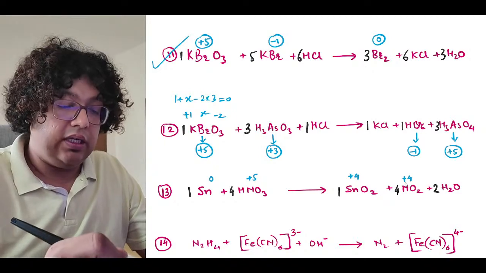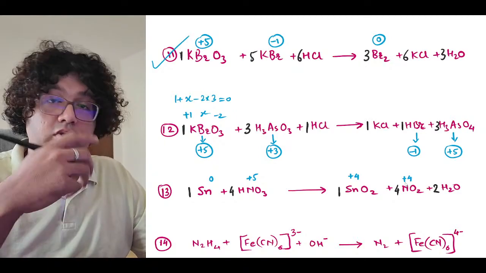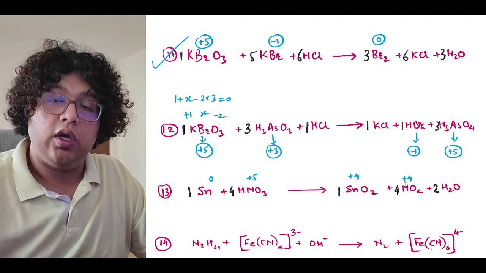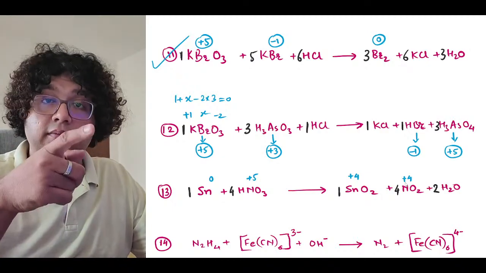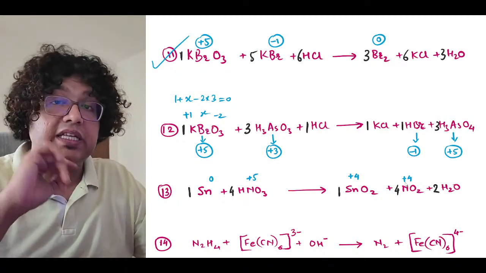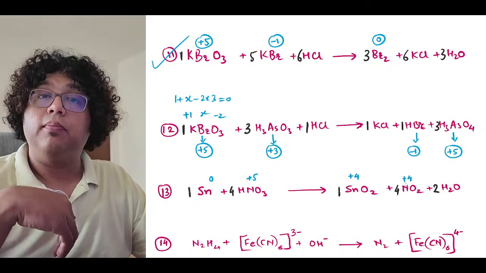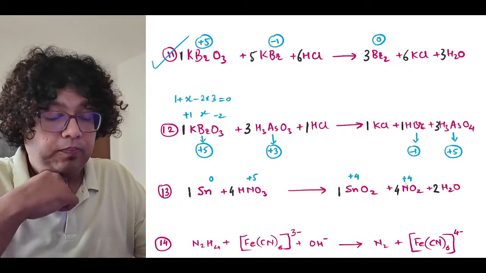So HNO3 takes one electron, whereas tin is giving off 4 electrons. For every tin atom getting oxidized to +4, you will require 4 HNO3 molecules, each taking one electron and getting reduced to NO2.